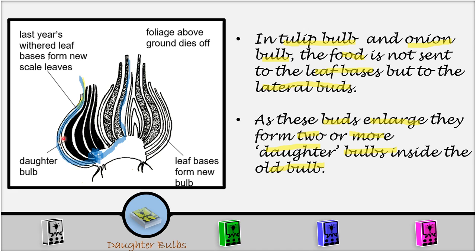The daughter bulb is this one now. Now all the food that is made in the foliage is going to be sent to the daughter bulb, which is going to swell inside the original bulb, and it forms a new bulb.